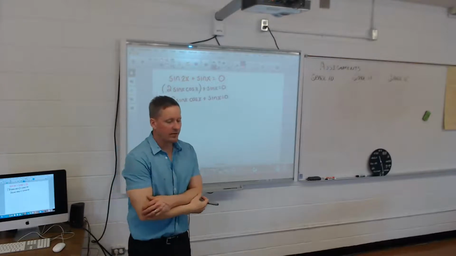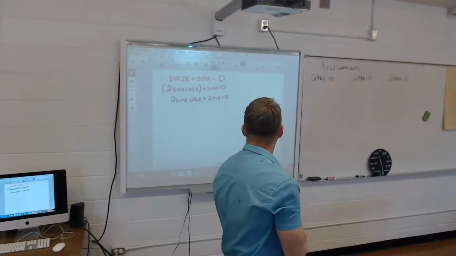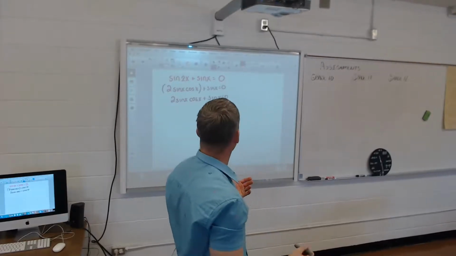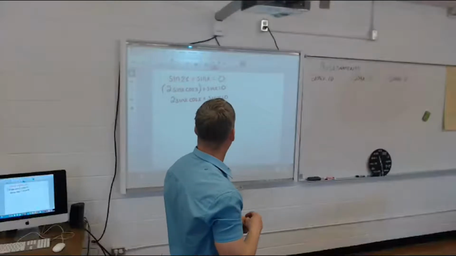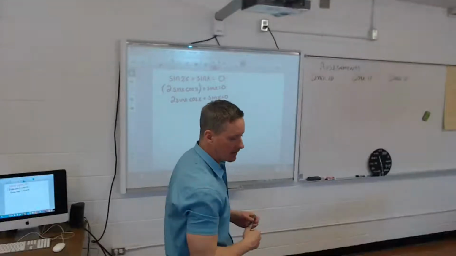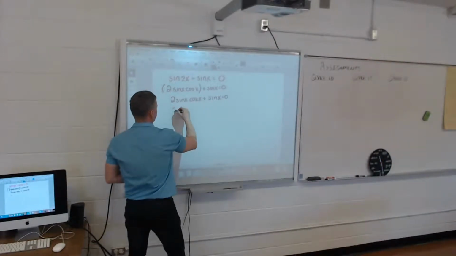Now I can't solve it yet because I have a cos and a sine. So I look at this and I say, okay, I've got it equal to 0. So every time I've got sine x cos x and sine x, I can take a sine x out of them.